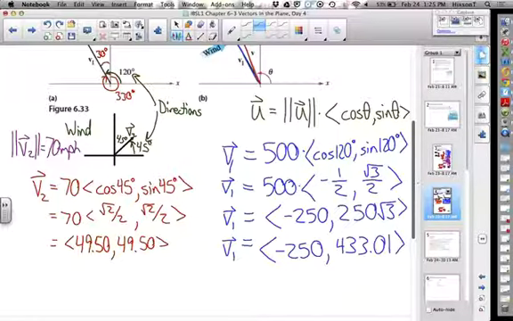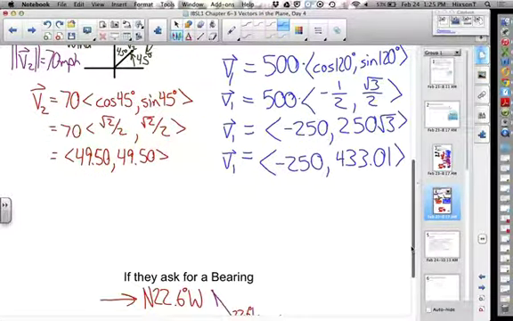And the 70 miles per hour, that's just how fast the wind was blowing. Okay, and then you add them together. Now we can add them together and we'll find what that vector v was. V equals v1 plus v2.